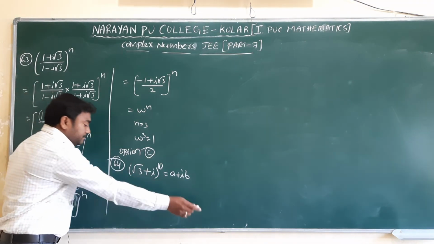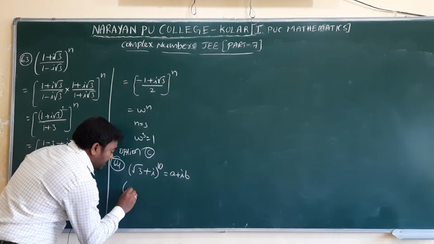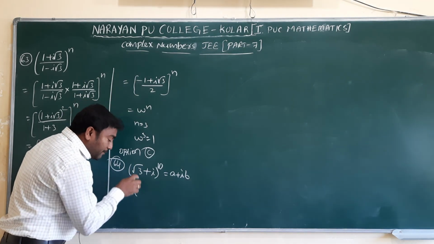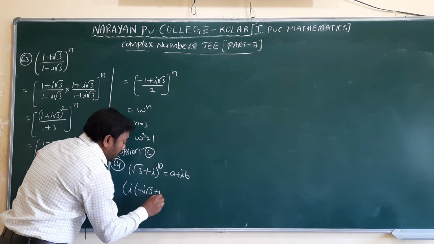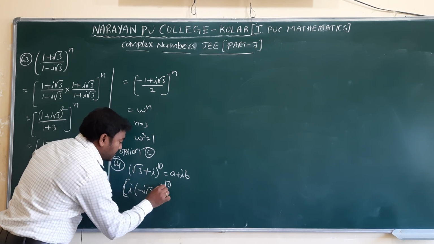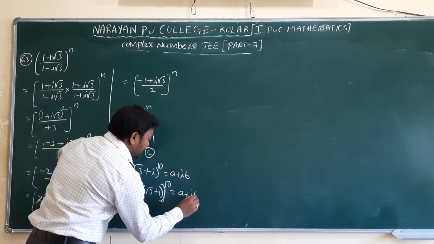Now here we have to take i common. When we take i common, what remains is √3 by i, which is −i√3, plus 1, whole power 10, like this bracket, whole power 10 is equal to a + ib.